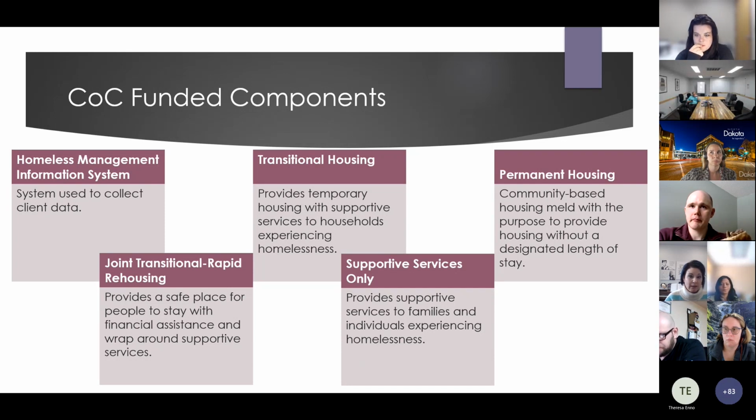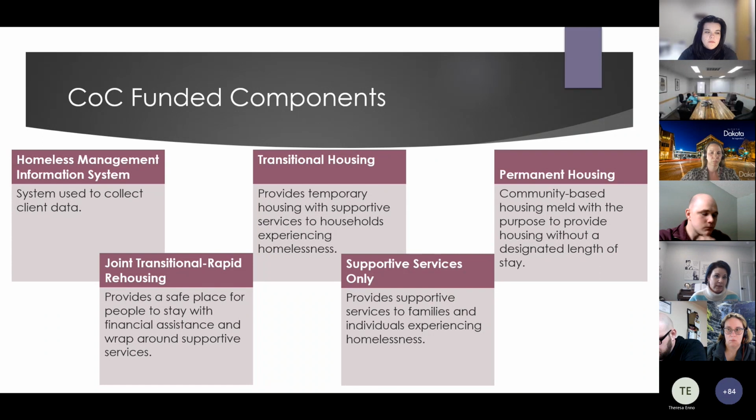This system is mandated by HUD for all COC and ESG funded projects. Now, the North Dakota Homeless Grant also requires the use of HMIS. And this funding can be used to pay salaries for operating HMIS, staff training, staff transportation to conduct intake with clients, and the payment of fees charged by the HMIS lead agency.